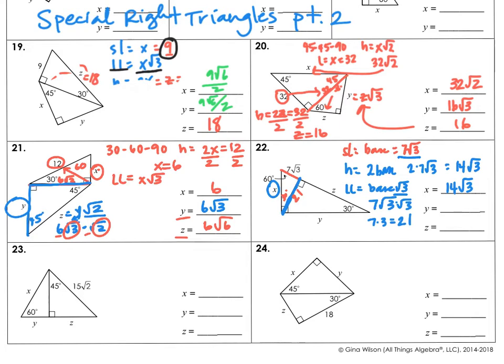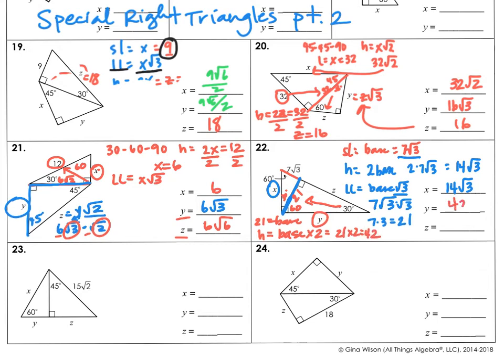Now, this is the first time we've seen this, but this is another 30, 60, 90 instead of a 45, 45, 90. So to find y and z, we're going to have to work a little harder because they're not going to be the same. So 21 is our short leg here, so 21 is our base. To find the hypotenuse, hypotenuse is just base times 2, which is 21 times 2, which is 42.